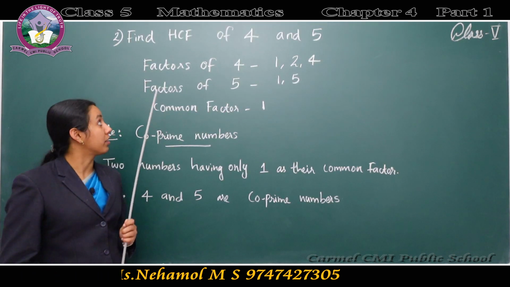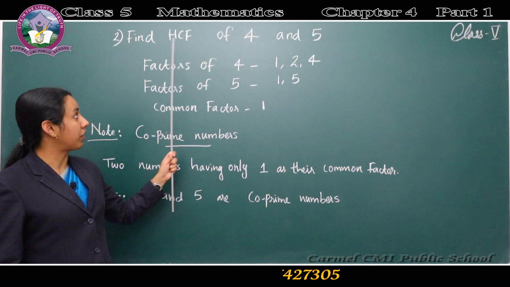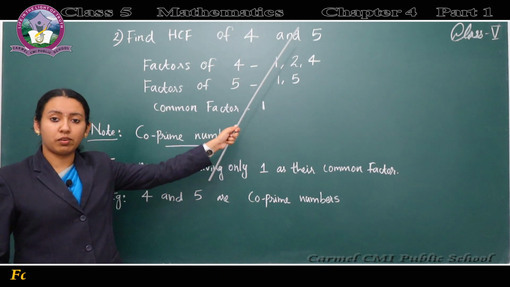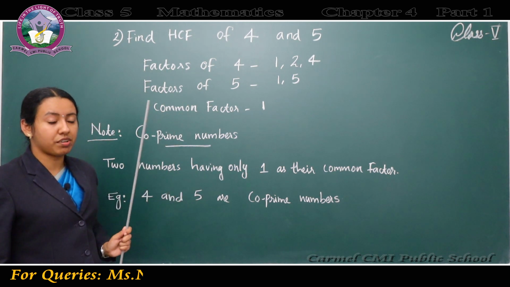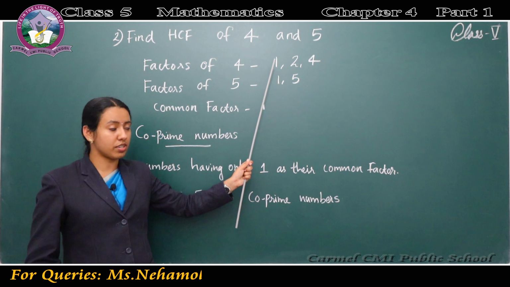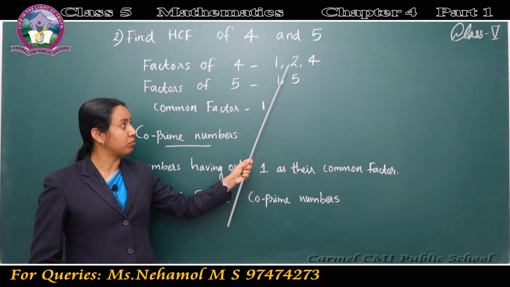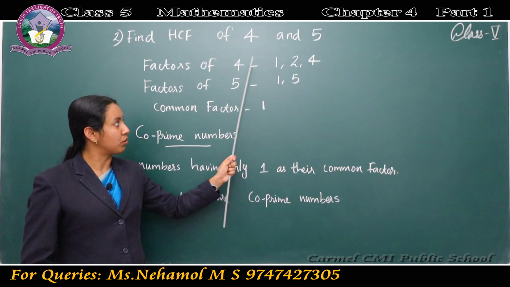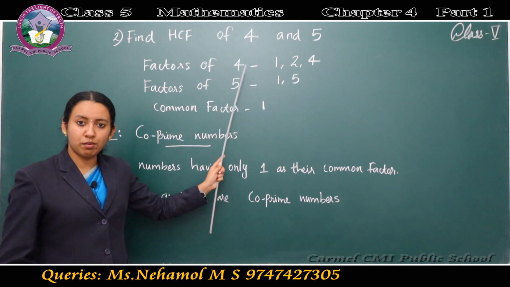Consider the second question. Find HCF of 4 and 5. Factors of 4. Which are the factors of 4? 1 times 4 is 4. So 1 is a factor, 4 is a factor. 2 times 2 is 4. So 2 is a factor. So 1, 2 and 4 are the factors of 4.